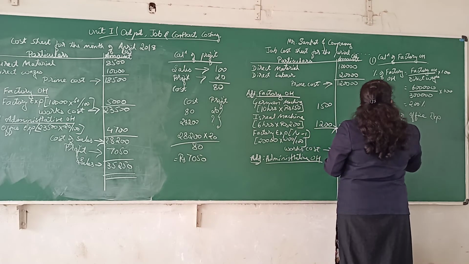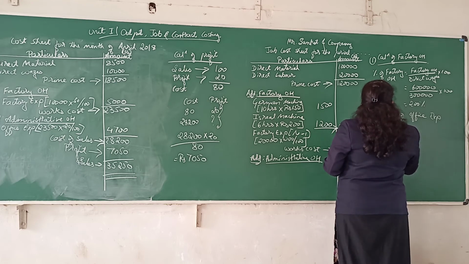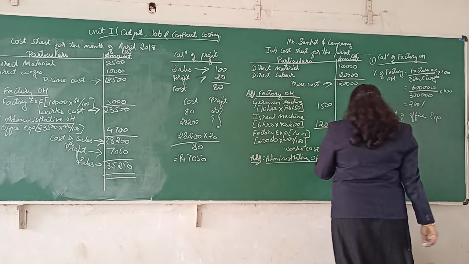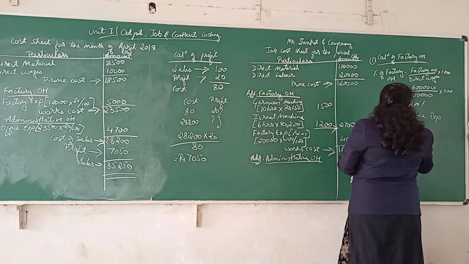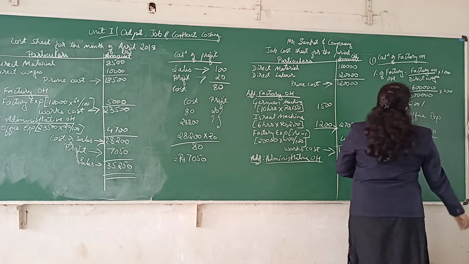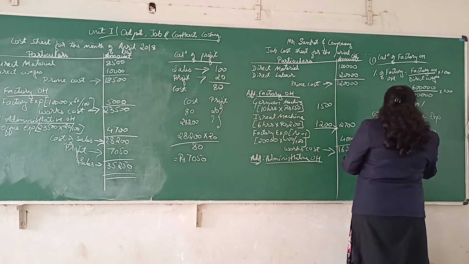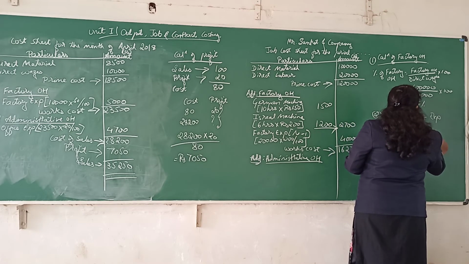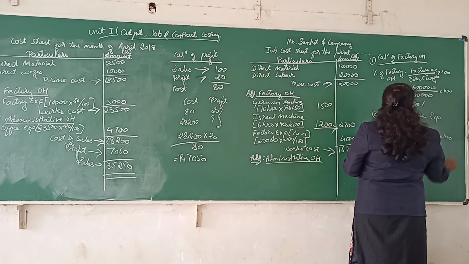Percentage of office expenses is equal to office overheads or administrative overheads divided by factory cost into 100.